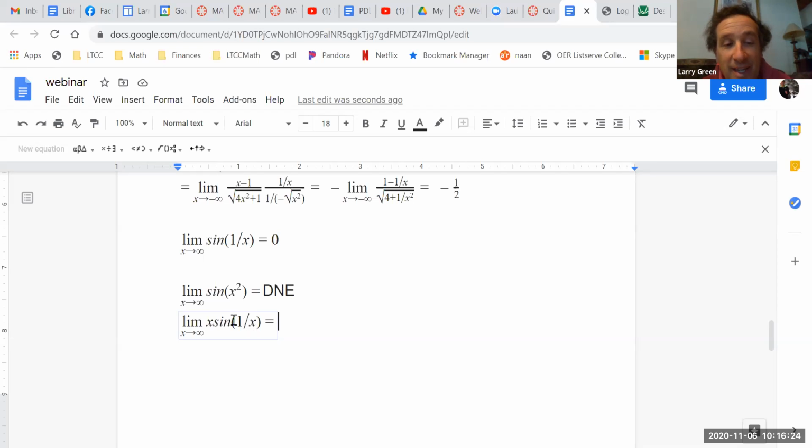Here's the hint on this, the key. Take that x and rewrite it as 1 over 1 over x, because that's x, right? It's tricky, but it works.